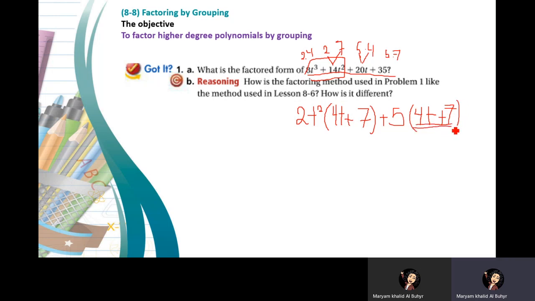This one is exactly the same as this one. So I can pull it out, or just take it outside as a common factor. So 4t plus 7 times, what is the remaining from here? Just put it here: 2t to the power 2 plus 5. Done. So that's the answer.